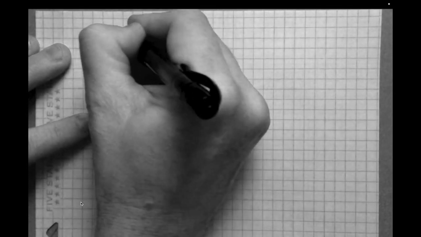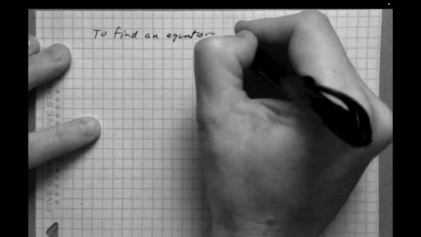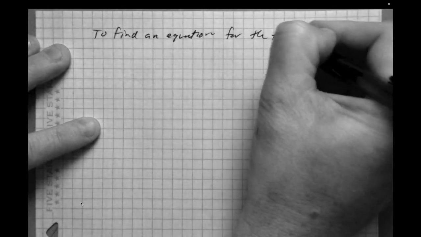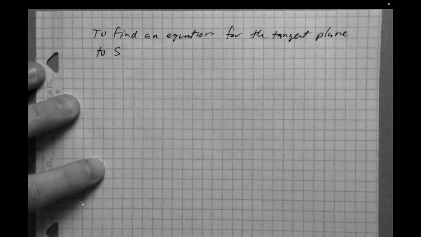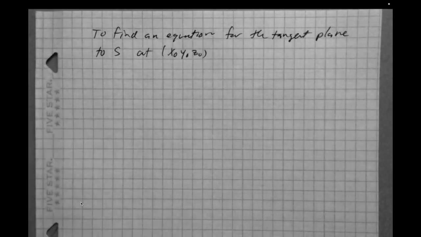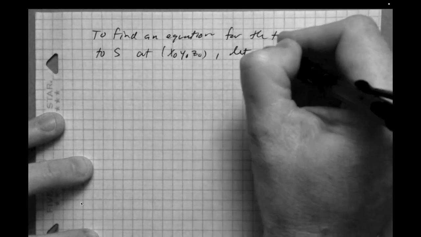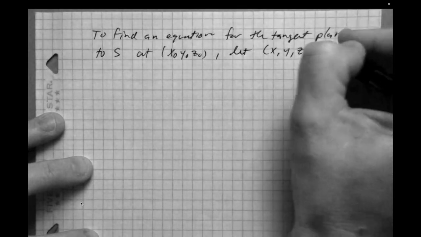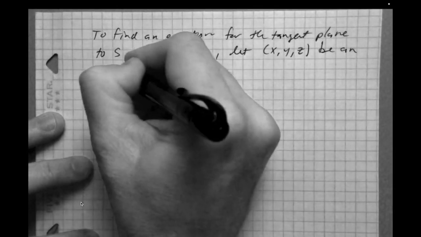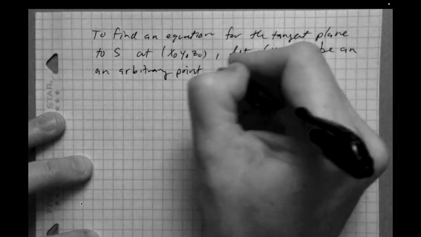To find an equation for the tangent plane to S at a particular point x naught, y naught, z naught, we need to let x, y, z be an arbitrary point in the tangent plane.